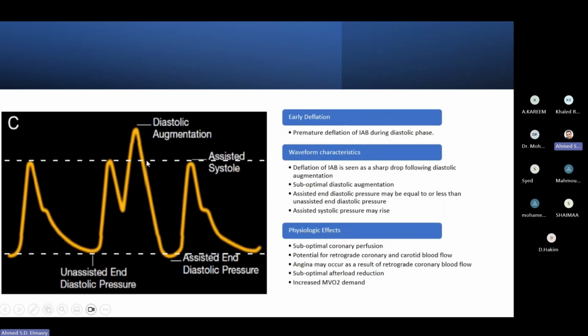of the pressure waveform. So you will get a rapid drop in the pressure, and this will decrease the pressure inside the aorta suddenly. Instead of the coronary blood flow going in this direction, it will suck the blood back to the aorta.